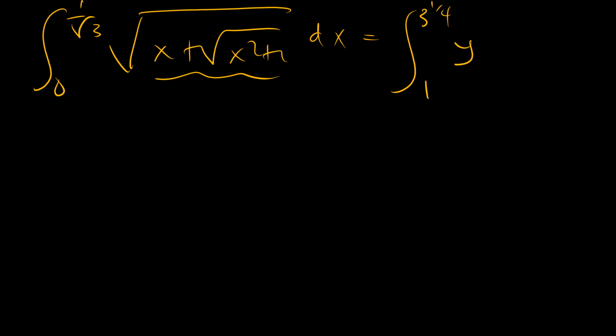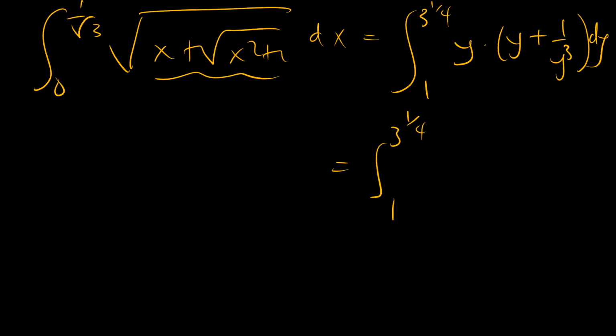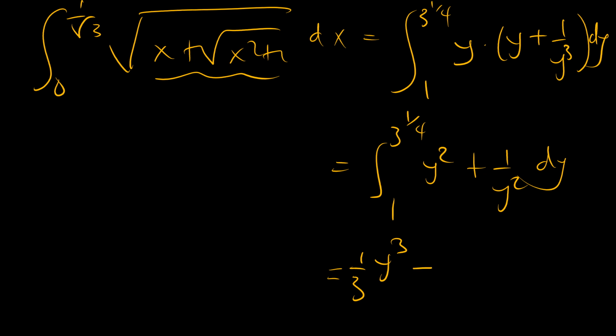This becomes y, and the x is y plus a term, which becomes a third y cubed minus y, evaluated from 1 to 3 to the power of a quarter. Okay, so let's keep going.